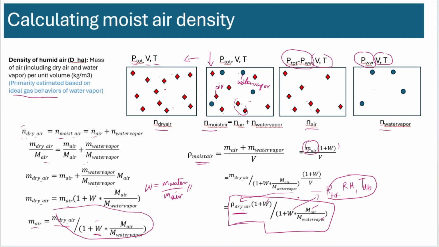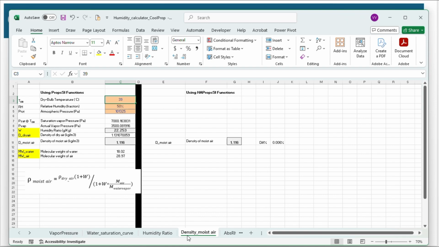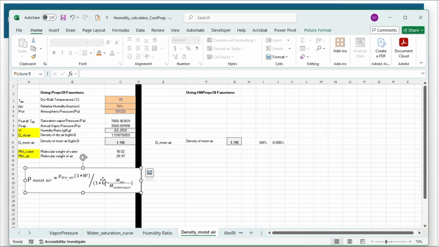So let's use the Excel file and go to the density of moist air tab. Here you have two ways of calculating again, using the props.si function or using the hap_props.si function. Using the props.si function, we'll use this formula that we just derived.